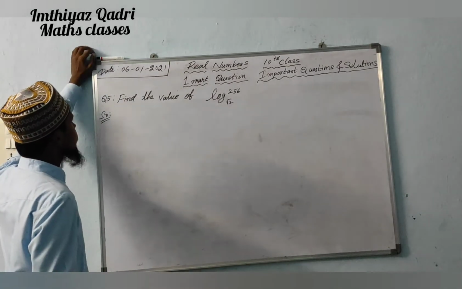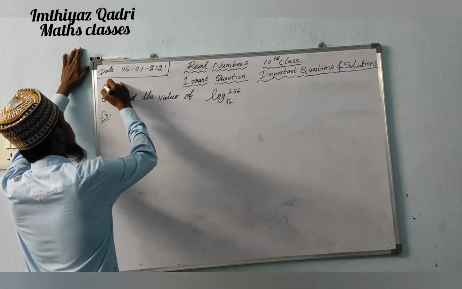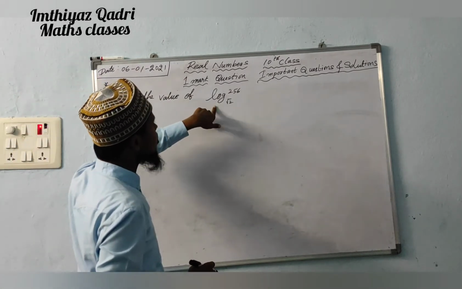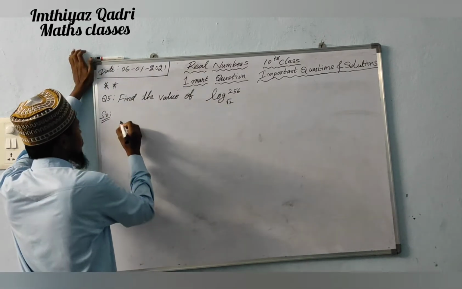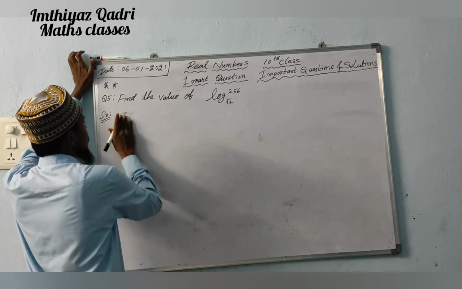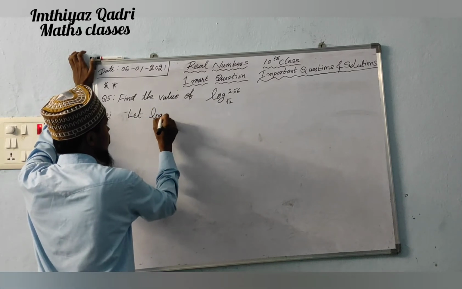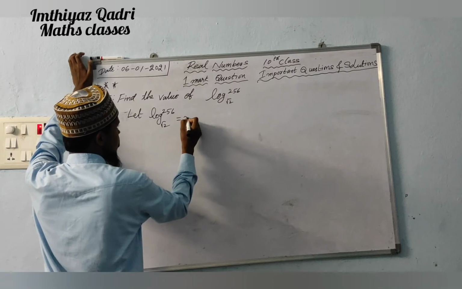Now fifth question from real numbers, very important question. Find the value of log of 256 base root 2. See here, given, let log of 256 base root 2 is equals to x.